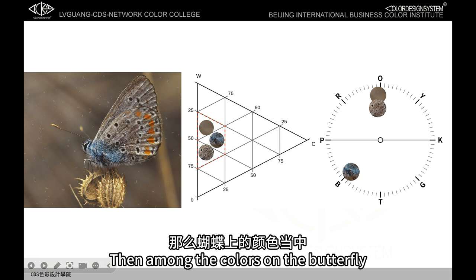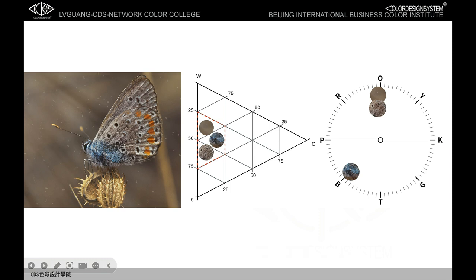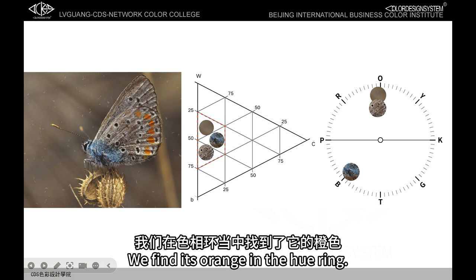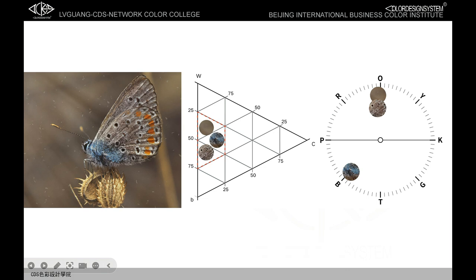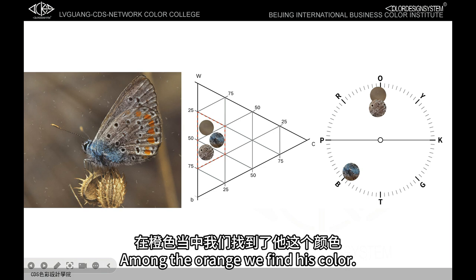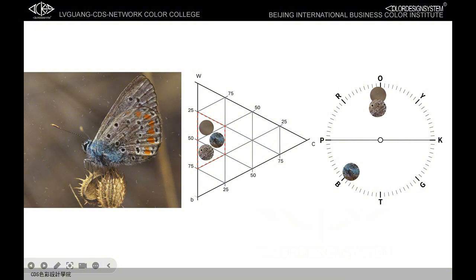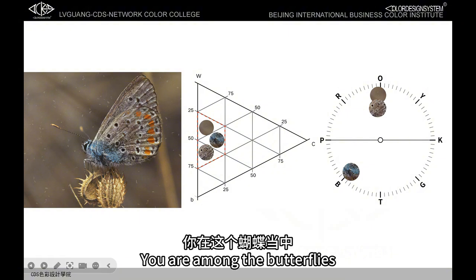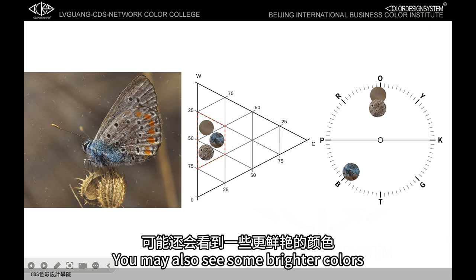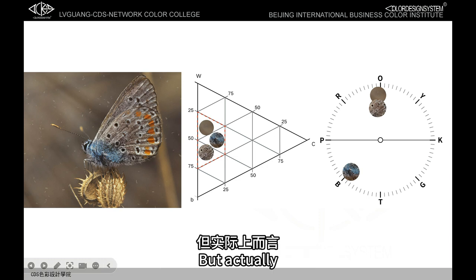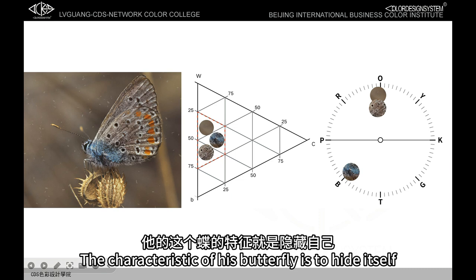Among the colors on the butterfly, we find its orange in the hue ring. Among the orange we find its color. In fact, among the butterflies you may also see some brighter colors. But actually, the characteristic of this butterfly is to hide itself.